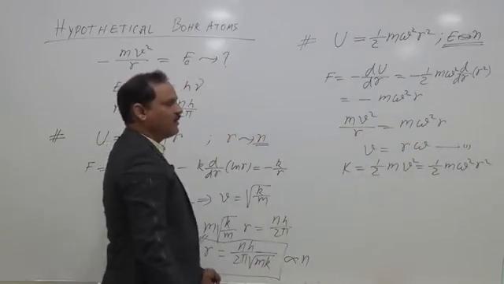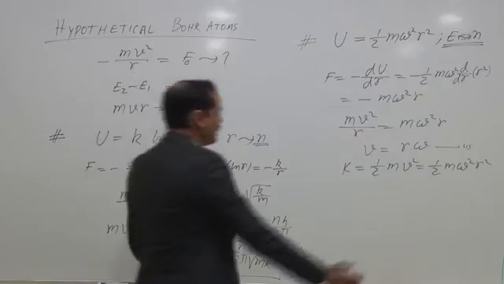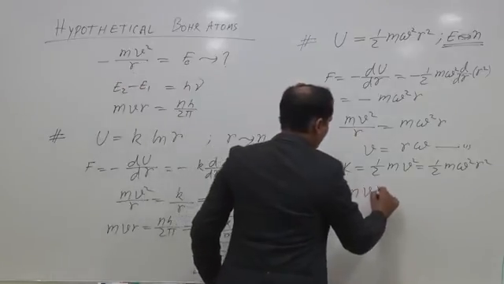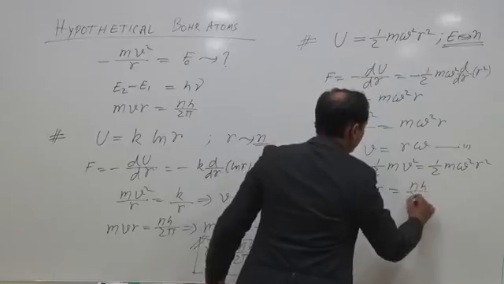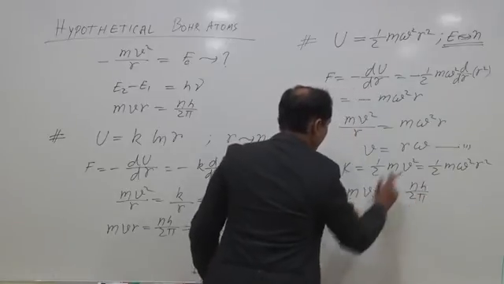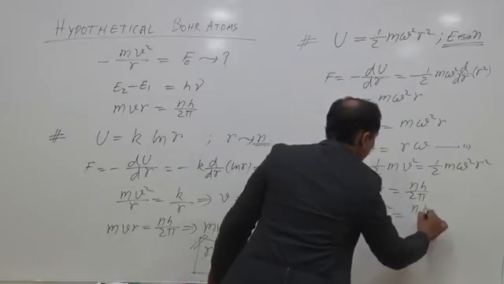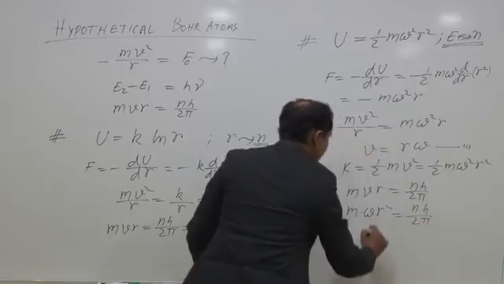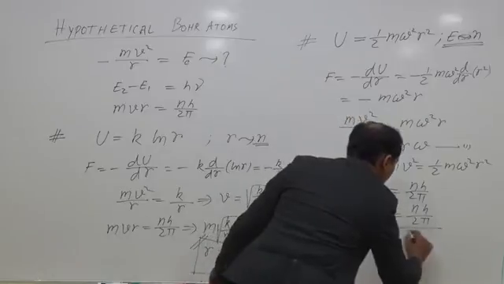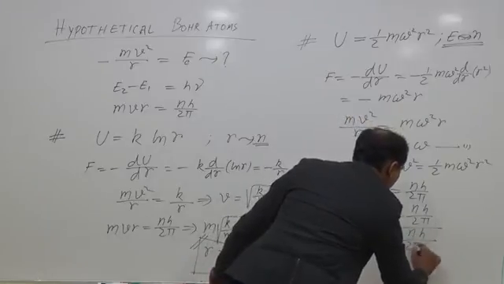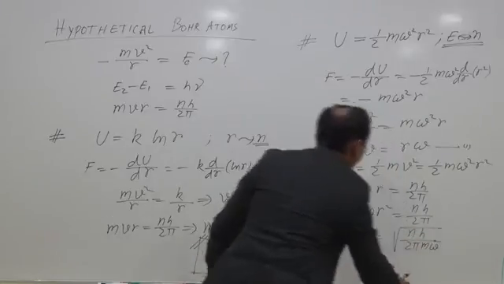Now, let us use Bohr's third postulate: mvr is equal to nh upon 2 pi, and mv is m r omega, so m omega r square is equal to nh upon 2 pi, or r is equal to under root nh upon 2 pi m omega.